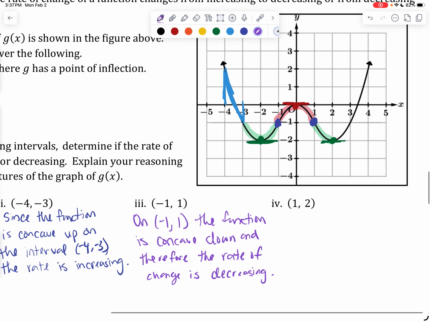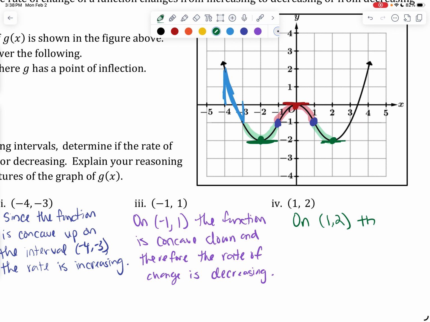All right, last but not least, we have 1 to 2. From x equals 1 to x equals 2, this is my section I highlighted in green. It's after that point of inflection we named at x equals 1 and approaching a relative minimum. So this is a concave up section. So on the interval from 1 to 2, and it would be even better if I wrote the words the interval, but I'm getting just a little bit shorthanded.